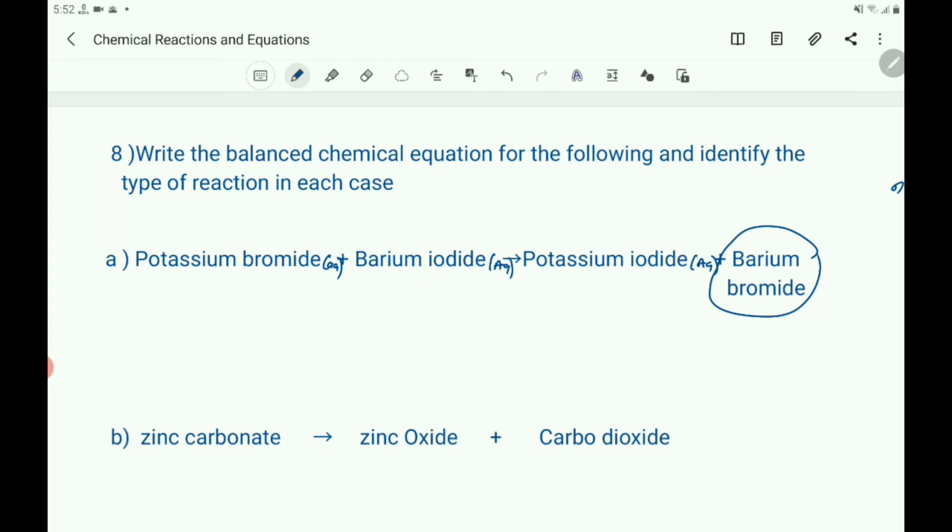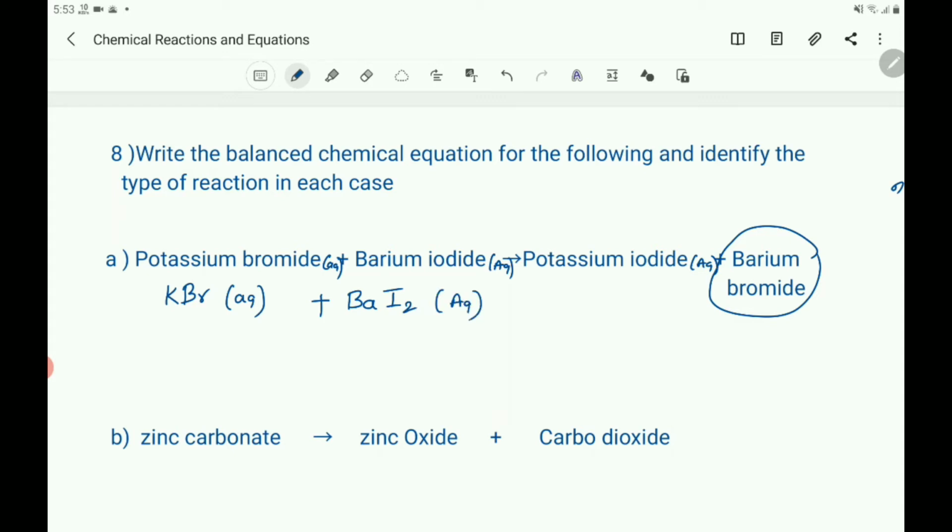And you know what is the molecular formula of potassium bromide? Potassium bromide is a compound. Its molecular formula is KBr. It is an aqueous solution. Plus barium iodide. Molecular formula of barium iodide is BaI2. It is also an aqueous solution.